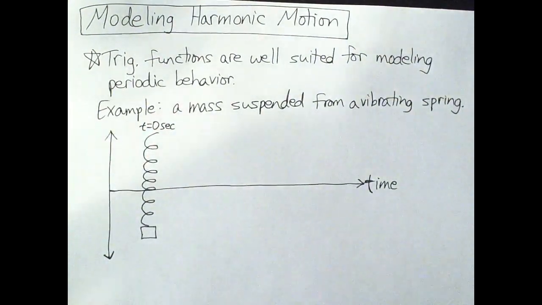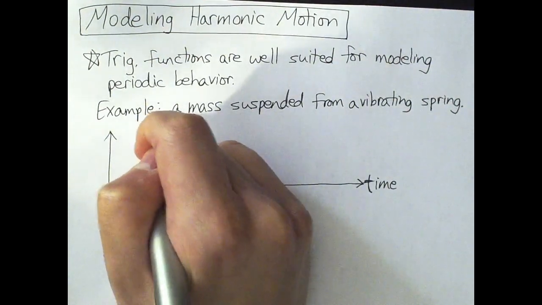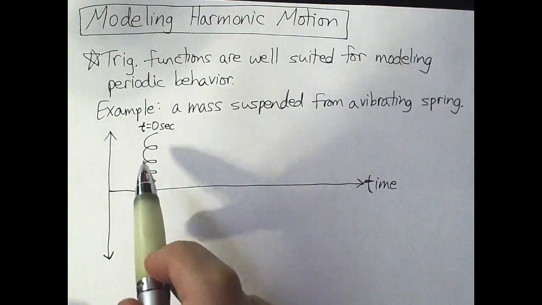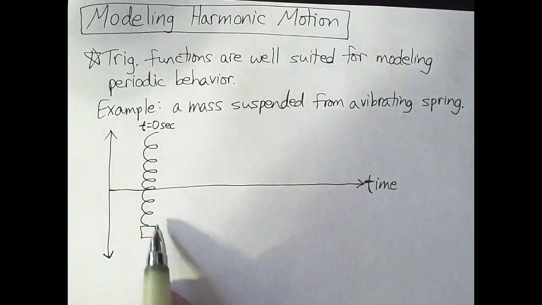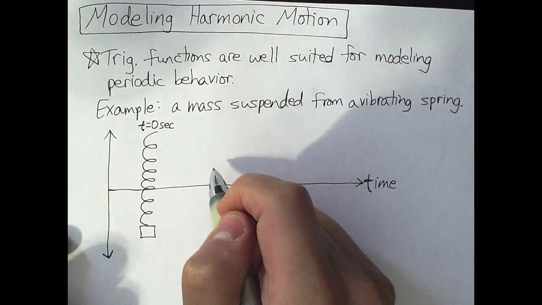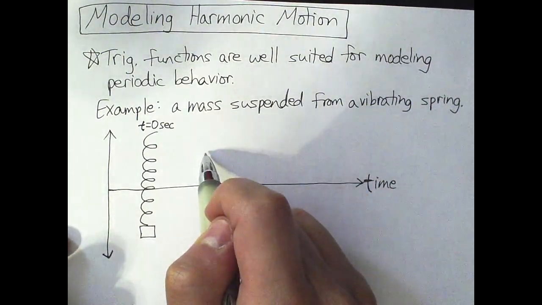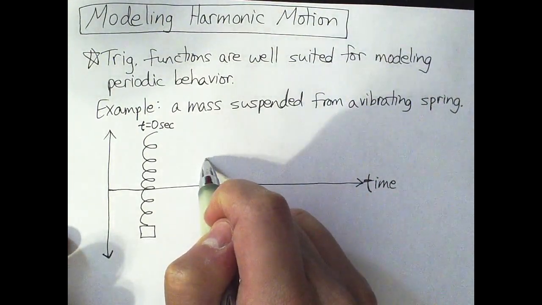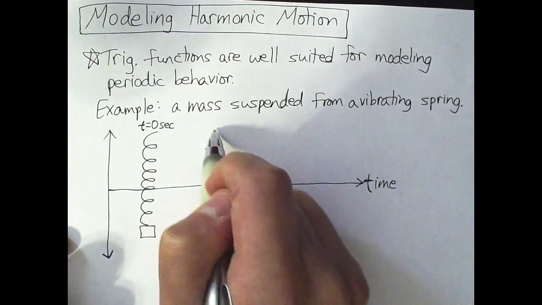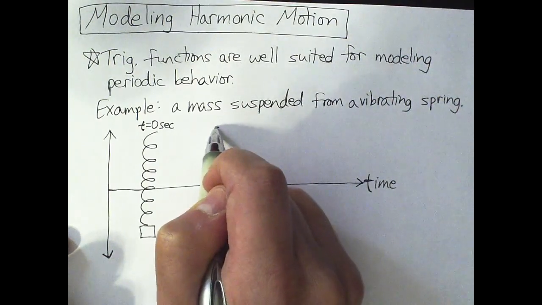So what does 0 seconds mean? It's like we have a stopwatch, and 0 seconds is when we start observing this spring and this little mass attached to the bottom. And then maybe we look at it 1 second later, and the picture now looks something like this.